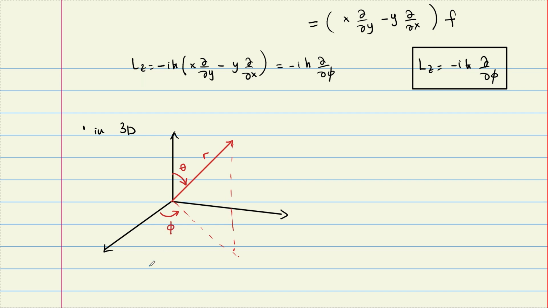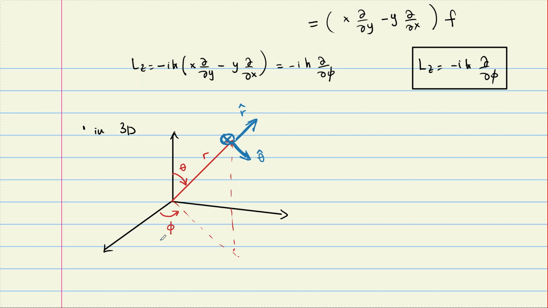And in the spherical polar coordinates, we can also identify unit vectors, exactly like we identify unit vectors before. So this is r hat. The theta vector is along here, and the phi vector is into the page.